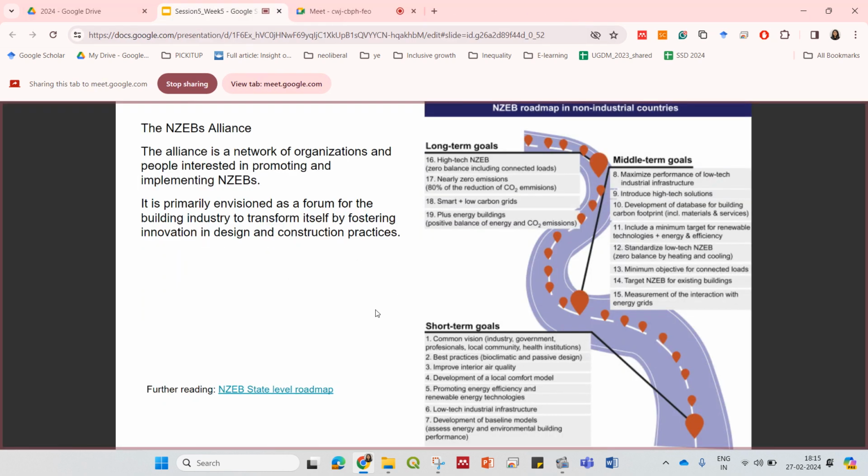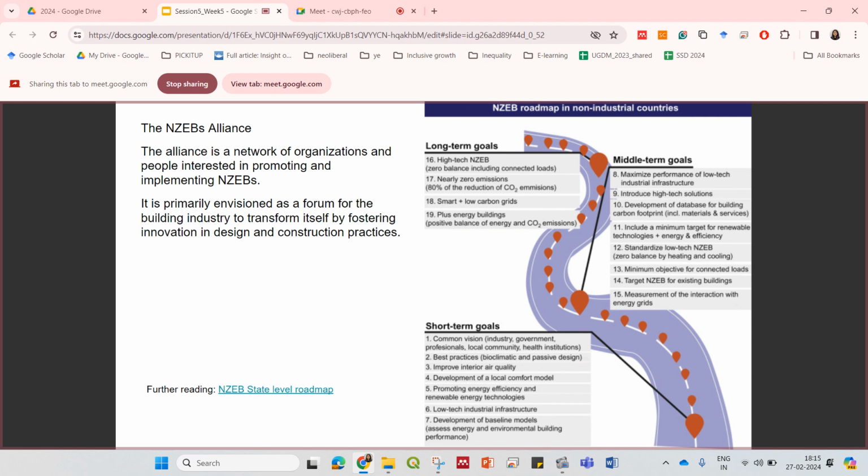Then introducing high-tech solutions. So solutions which require a lot of technical input or technical know-how, and require a huge amount of technical restructuring where the solution is being applied. That will take some time, and that is why it is put under middle term goals.